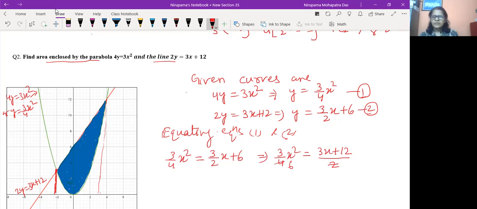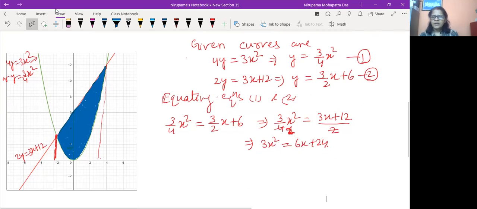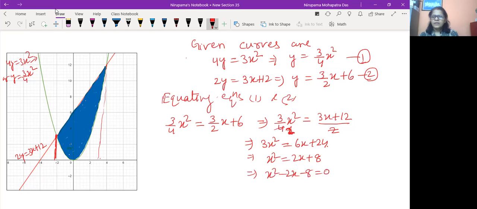The calculation part you can do as per your convenience, the way you feel comfortable. So 3x square equals 6x plus 24. We can make it a bit smaller also. This implies x square equals 2x plus 8, or x square minus 2x minus 8 equals 0.